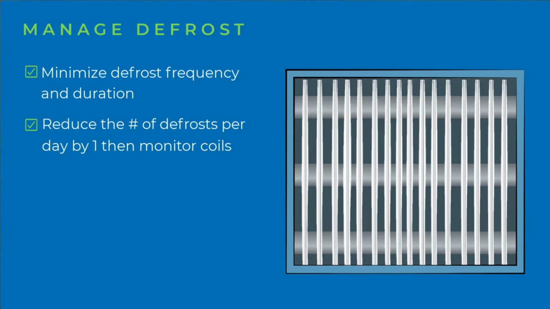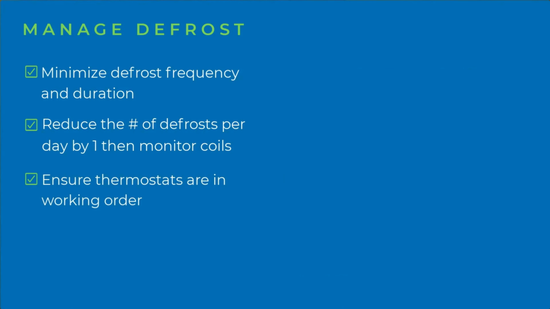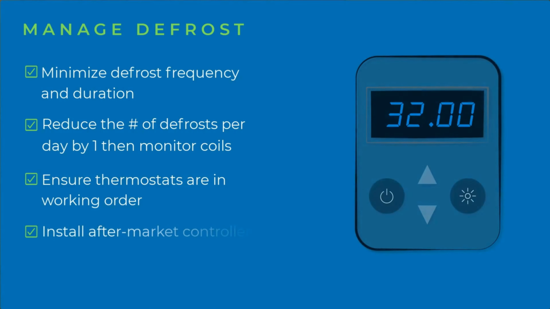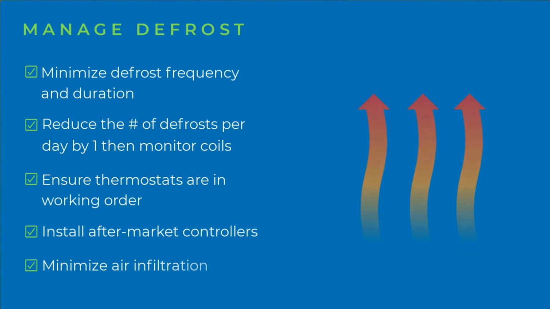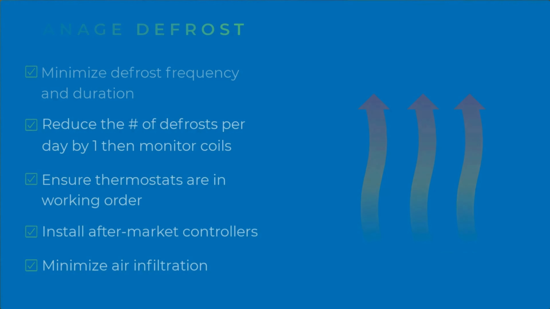If coils are too frosted, reset to the prior defrosts per day. Ensure defrost temperature termination thermostats are in good working order. Install aftermarket controllers with liquid runtime or defrost initiation features. And finally, minimize air infiltration into refrigerated spaces.